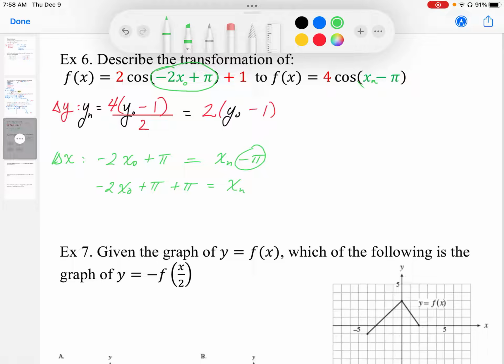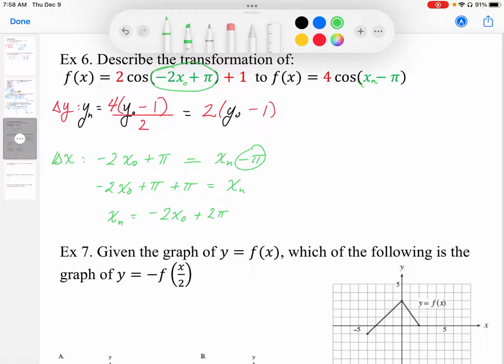And this now represents the change in x. So the new x is going to be, first we're going to flip and expand, and then we're going to shift it 2 pi to the right. And that is my transformation on x.